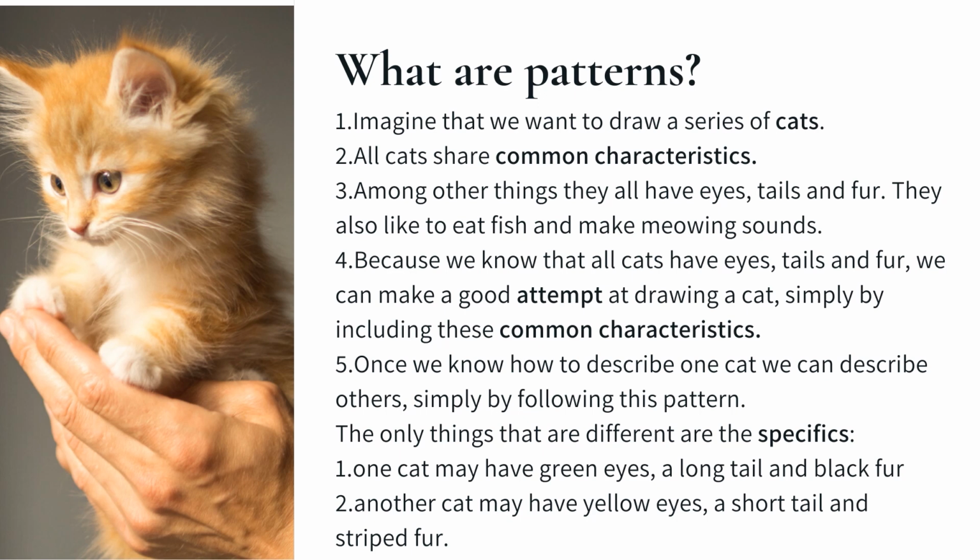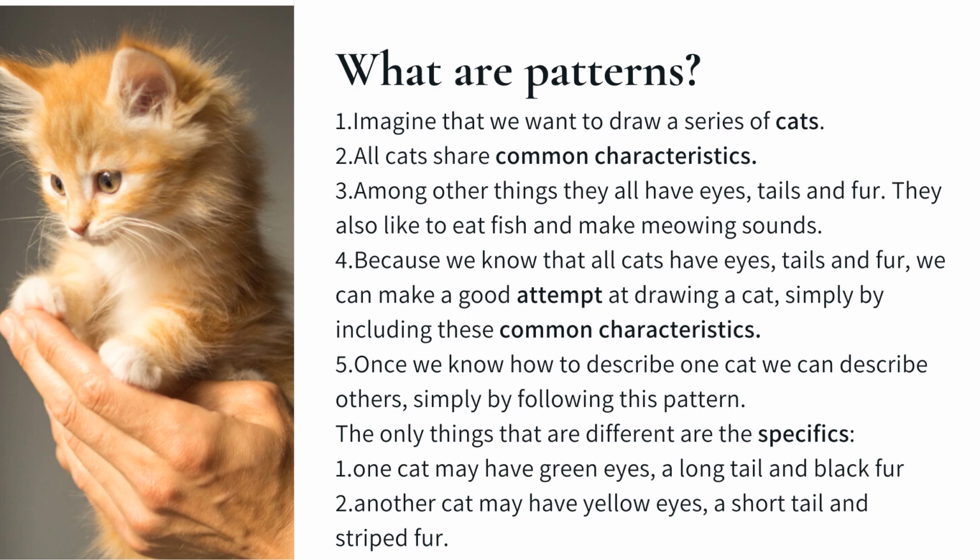Because we know that all cats have eyes, tails, and fur, we can actually make a good attempt by drawing a cat simply by including these common characteristics. Because we know all cats have these common characteristics, we have a good chance to draw our own cats. All right. So once we know how to describe one cat, we can describe others. This is the meaning of patterns.